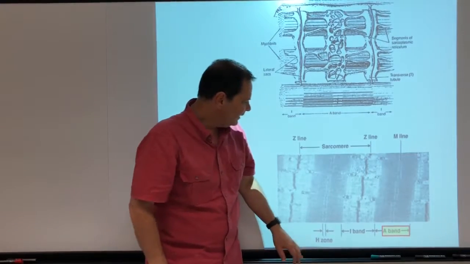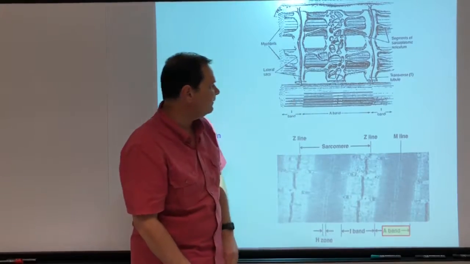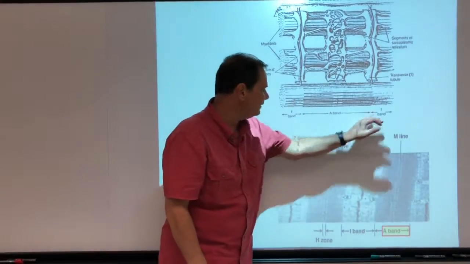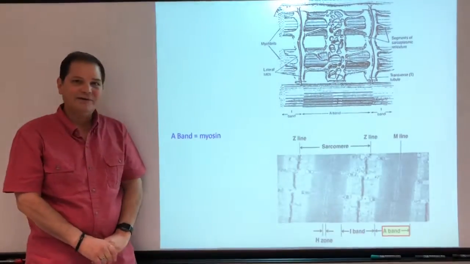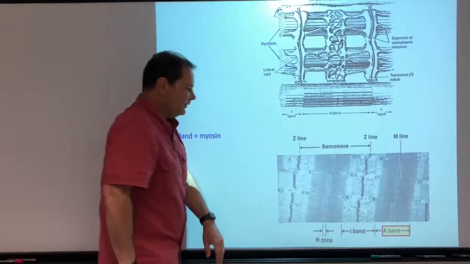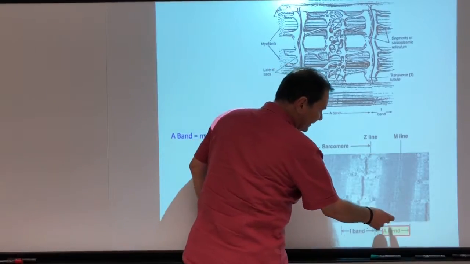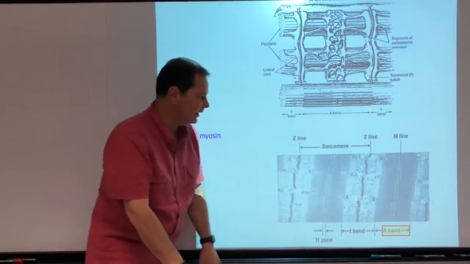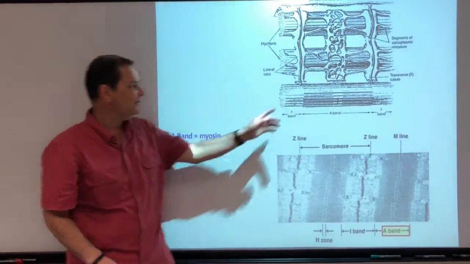So this dark band that you see in the middle of the sarcomere is the A band, okay? And the A band is basically where the myosin is, as I said before. Your myosin filaments in this sarcomere basically go from here to here. That big dark band is basically the myosin.